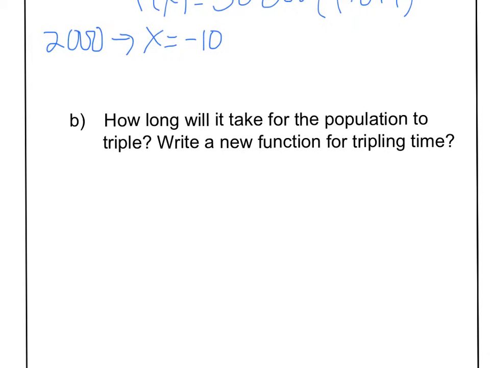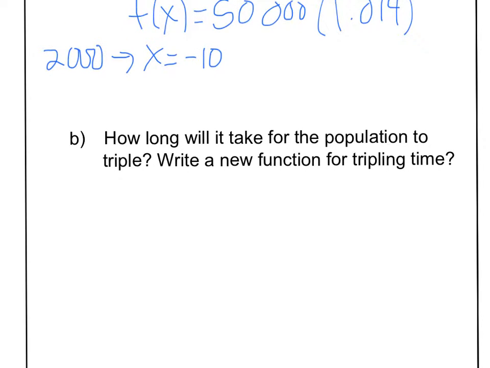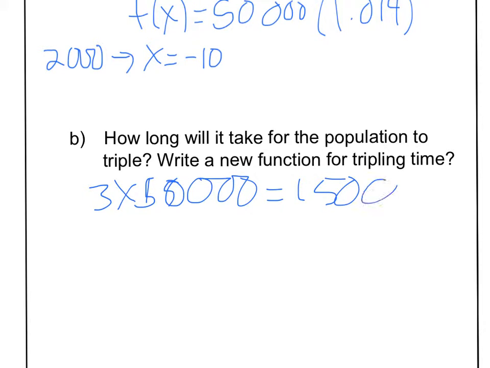How long will it take the population to triple? Well, triple is 3 times 50,000, which is 150,000.